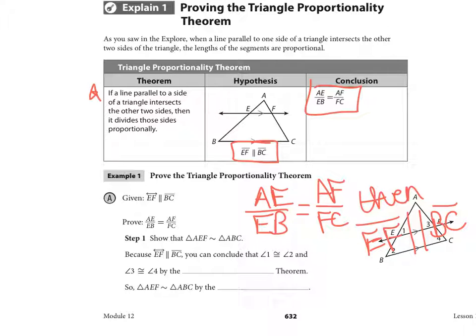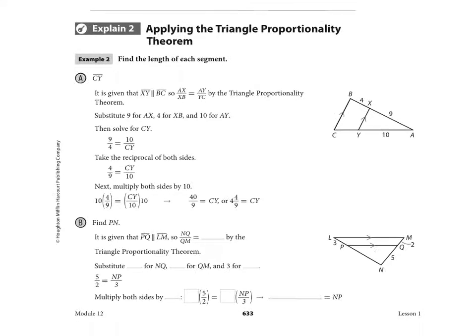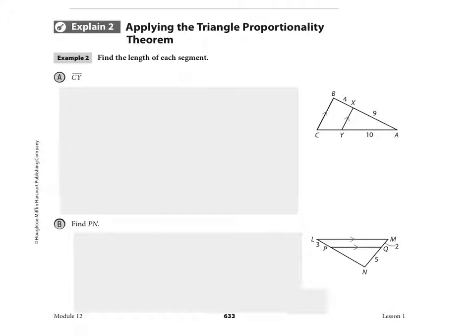So let's flip the page to 633. And I'm going to look down here. Okay, so if you look at this example on 633, it wants us to find the length of CY. So I'm going to put a little variable in there. And I know they've used X and Y, so I'm going to mark that. Whoops, they've used A too. Oh, excuse me.